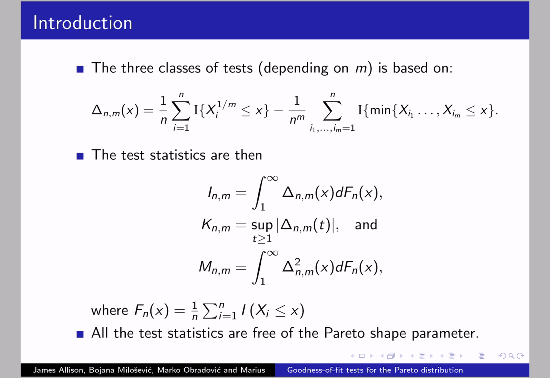So the test statistics are then an integral type denoted by Inm, a Kolmogorov-Smirnov type, which is just the supremum of delta nm, denoted by Knm, and then the last one is a Cramér-von Mises type test statistic denoted by capital Mnm, and in all these cases Fn(x) just denotes the usual empirical distribution function. Now it's important to note that it can easily be shown that all 3 tests proposed here are free of the shape parameter alpha.